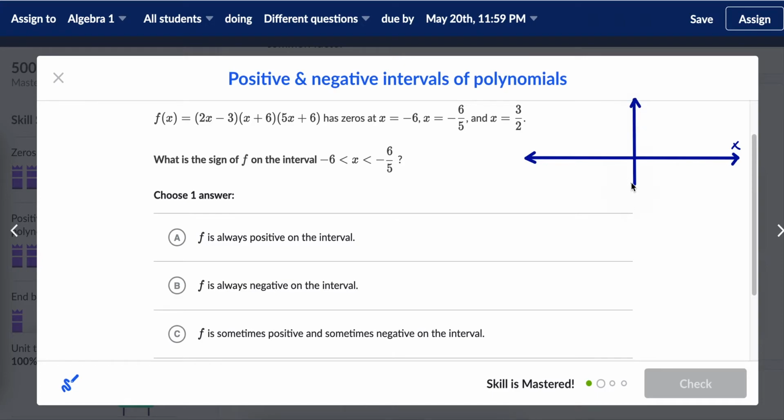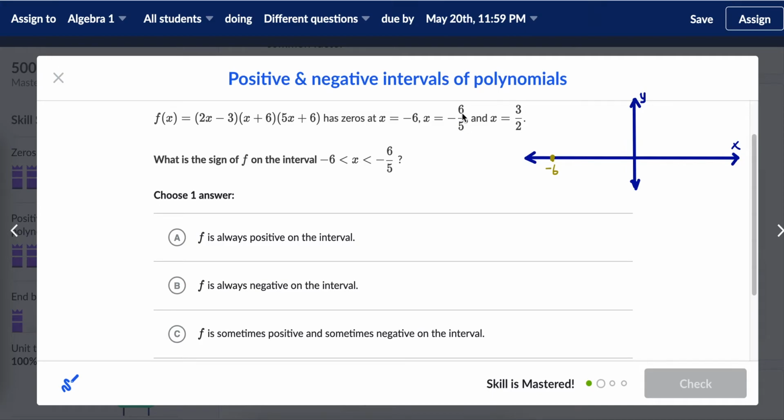We're not going to use it, but so that we see it in context. Right, so there's your y-axis. Okay, so we're looking first of all to plot our zeros, right? So we've got a 0 at negative 6, so let's say this is negative 6 right here. So there's our negative 6. Okay, so there's a 0.